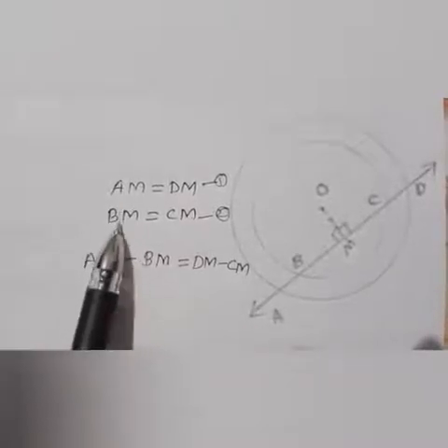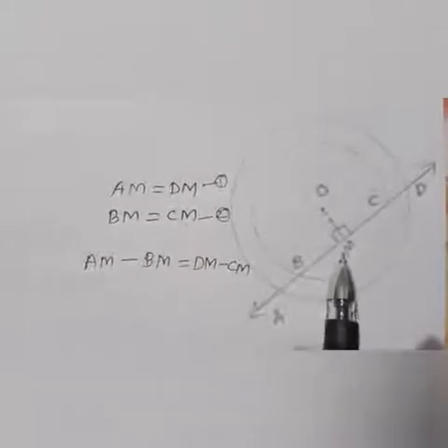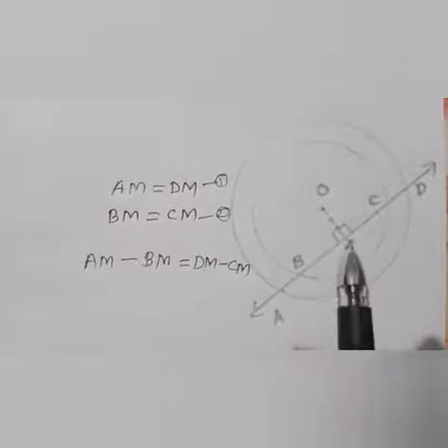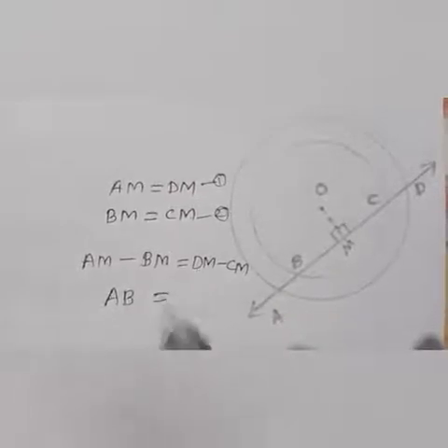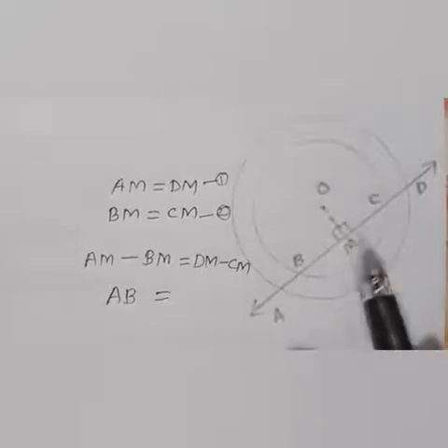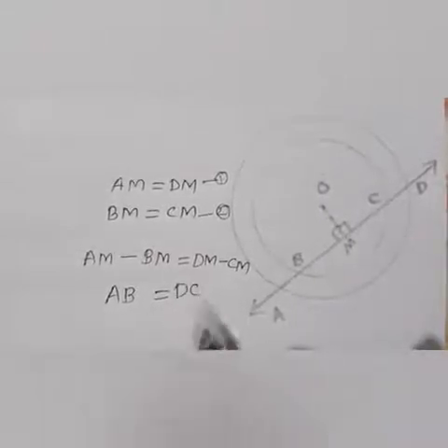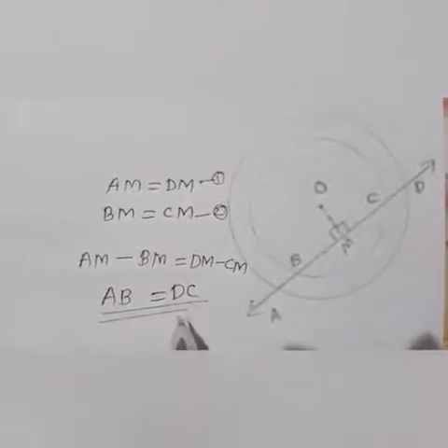AM minus BM gives this portion AB, and DM minus CM gives this portion DC. That means AB equal to CD, hence the proof.